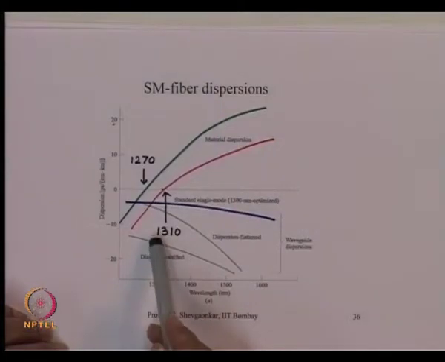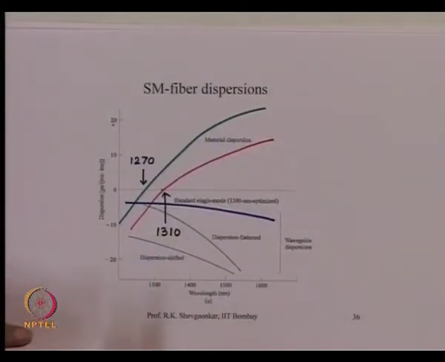So effectively we will see the point where the dispersion goes to 0, and that point is 1310 nanometer. So inside a single mode optical fiber, the 0 dispersion point is not 1270 nanometer as it is for the intrinsic material, but it is around 1310 nanometer.